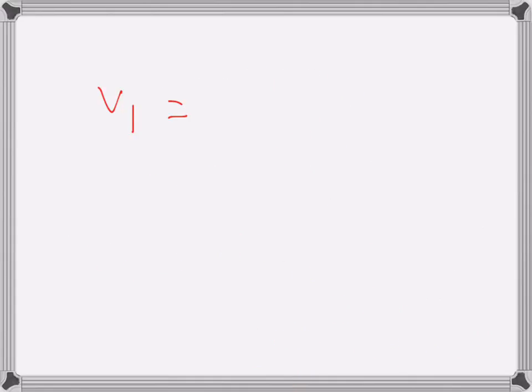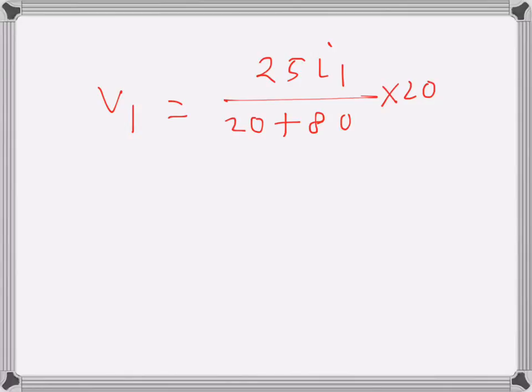Applying the current divider rule, the total resistance is 20 plus 80, times 20, since I am finding the current through the 80 ohms resistance, and then times 80 because we multiply by the resistance value.